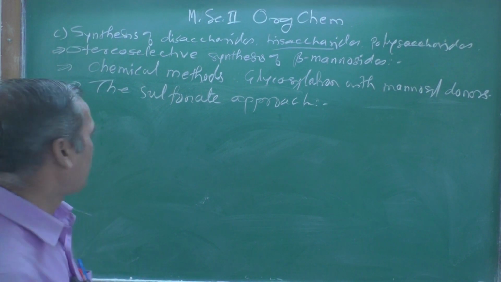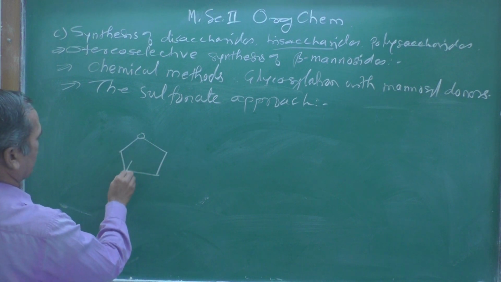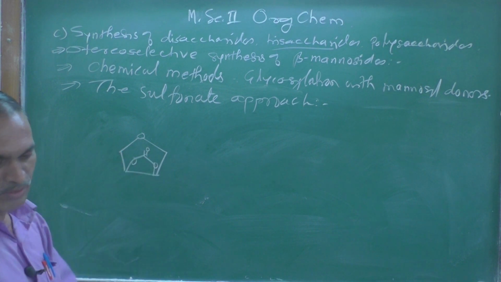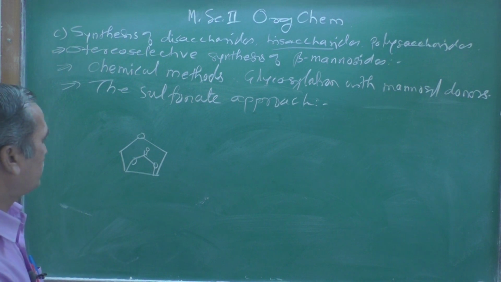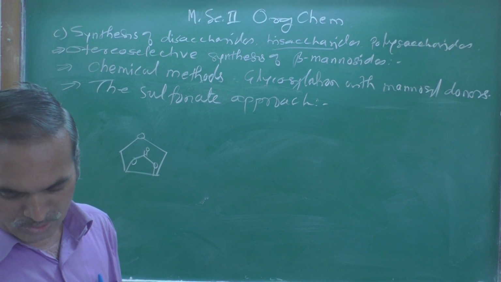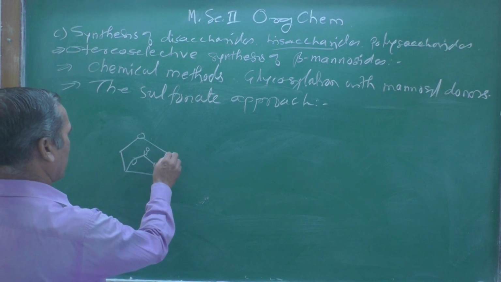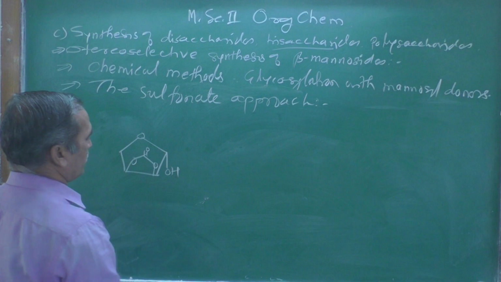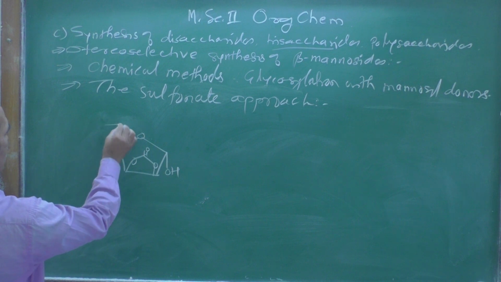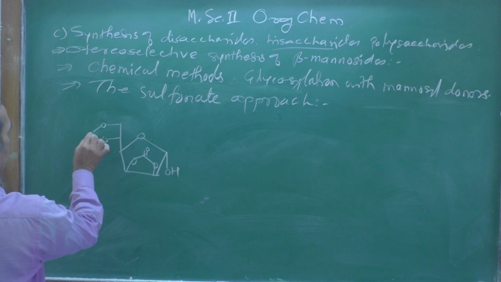See here, I am showing this structure. Observe the structure carefully. What do you see over here in the middle? This is a carbonate group which acts as a protecting group of the cis diol at the 1,2 position, and here at the anomeric carbon atom there is a hydroxyl group present, OH, and at this position there is this type of ring present.